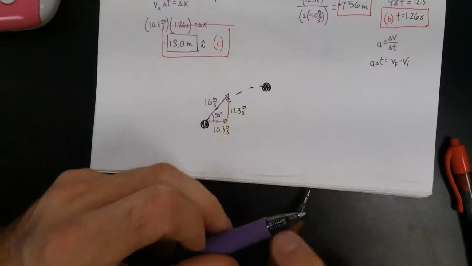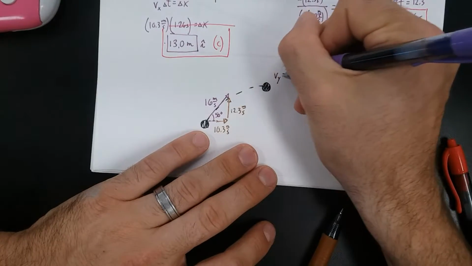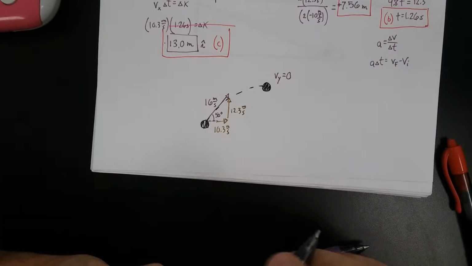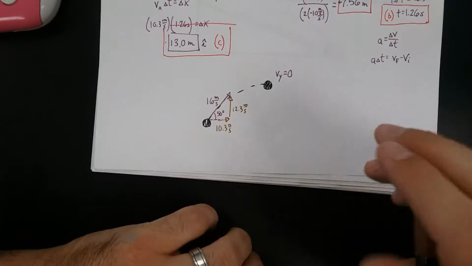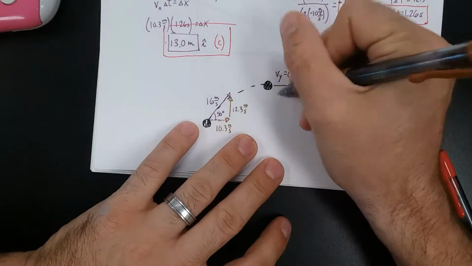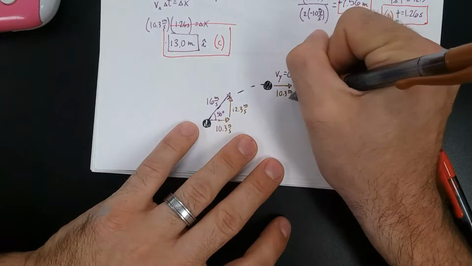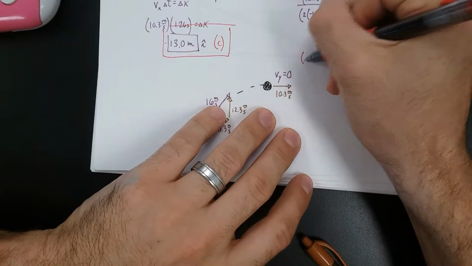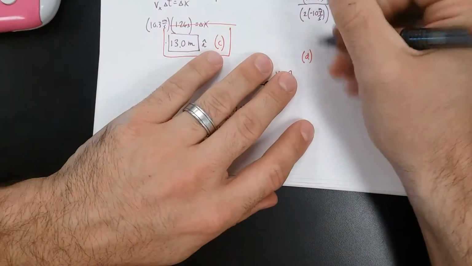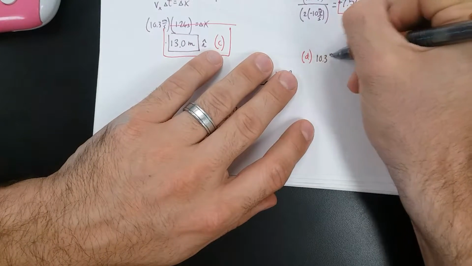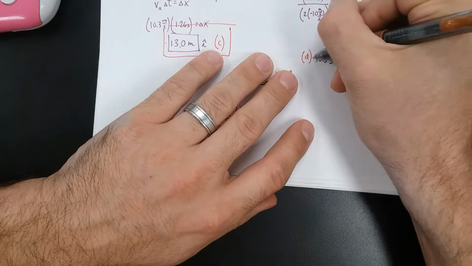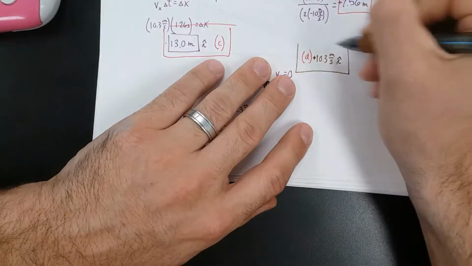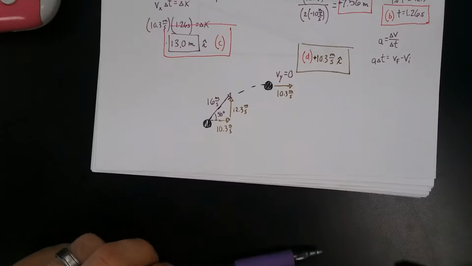But up here at the highest point, Vy equals 0. That's what the highest point means. You're not going up, you're not going down. For a moment, you just stop vertically. But we still have all this horizontal velocity. No forces have caused the horizontal velocity to change. So the answer to D is 10.3 meters per second positive i. That's a horizontal velocity.